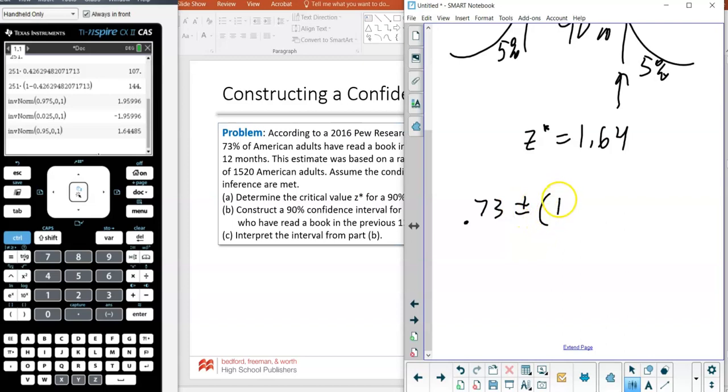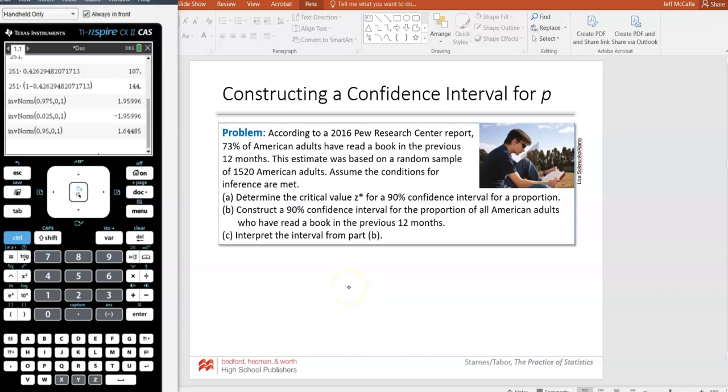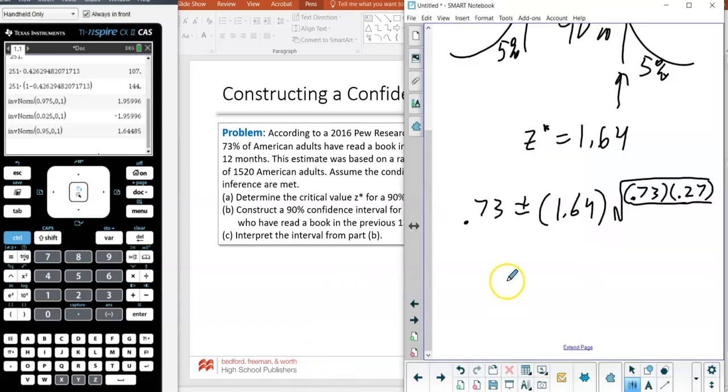The z critical value is 1.64, and the standard error, technically it's called, is the square root of p hat q hat over n, so 0.73 times 0.27, the q there, or 1 minus p hat, all over n, which was a random sample of 1,520.